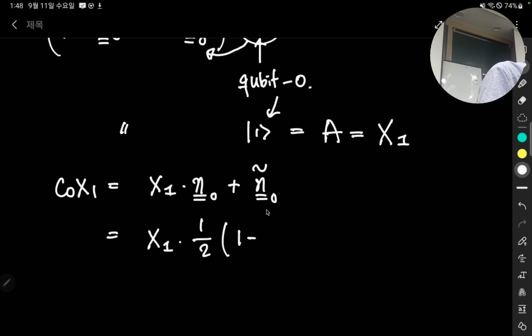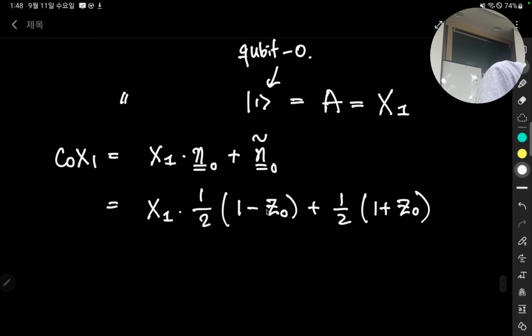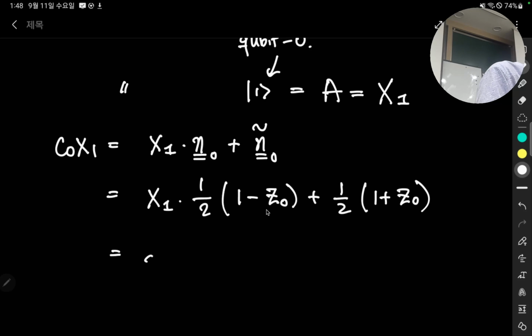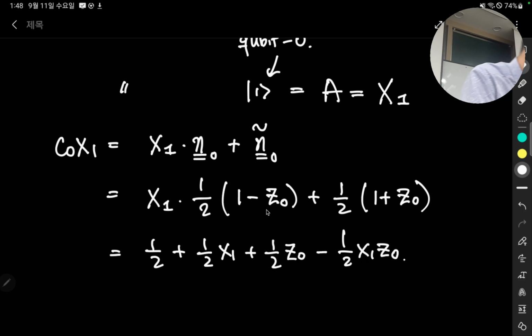N0 is 1 minus Z0, and N tilde is 1 over 2 times 1 plus Z0. So this is the same as 1 over 2 plus 1 over 2 X1 plus 1 over 2 Z0 minus 1 over 2 X1 Z0.